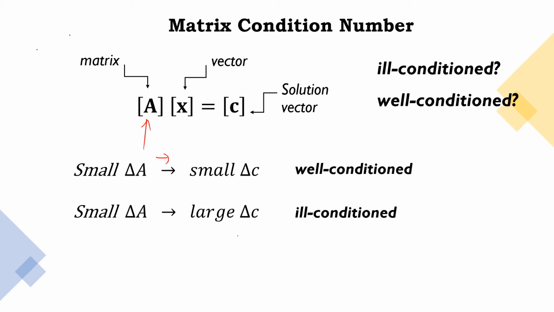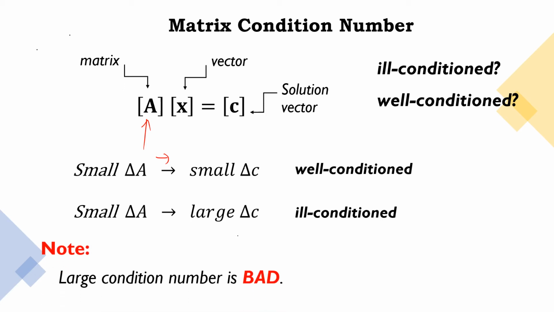Okay, now let's dig deeper into this particular slide. A large condition number is bad. So we have to find out the basis for saying bad and not bad. How do we know that it's just a small change?